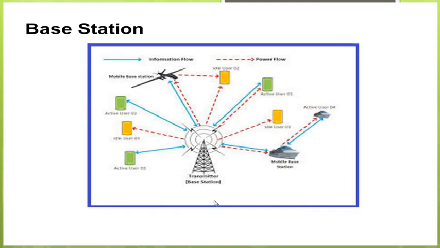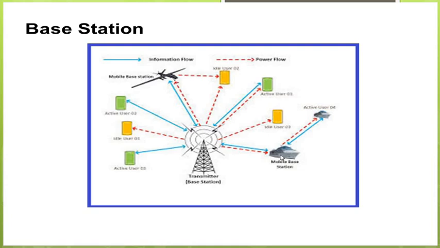The second component of a wireless network is the base station. The base stations are typically connected to the wired networks. They are responsible for sending the packets between the wired networks and the wireless hosts.